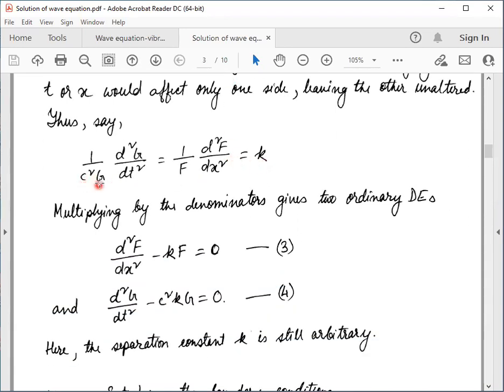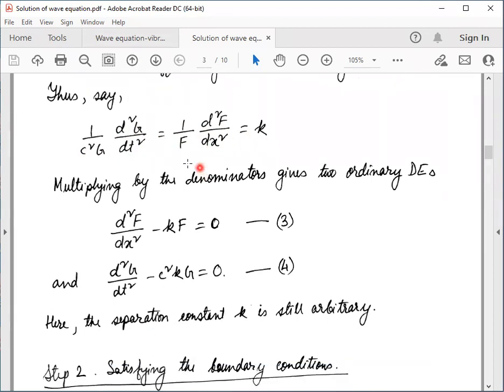So 1 by c square g d2g by dt square equal to 1 by f d2f by dx square, and both sides should be equal to a constant, and let us call the constant k. Then from this equation we can obtain two differential equations. Multiplying by the denominators gives the two ordinary differential equations.